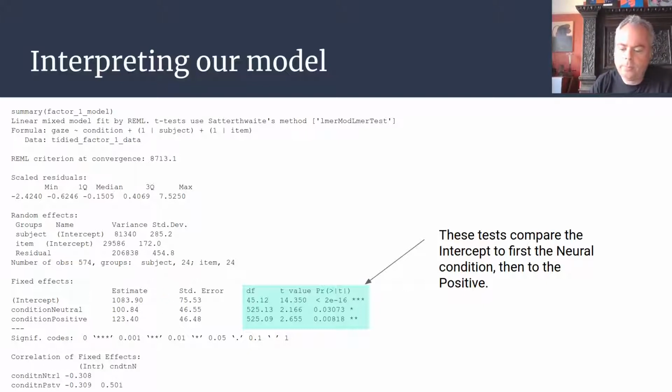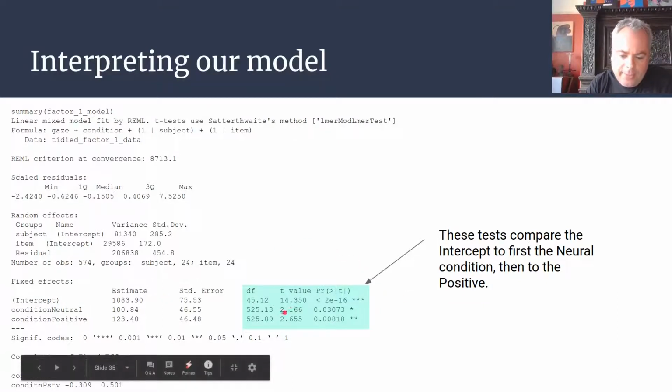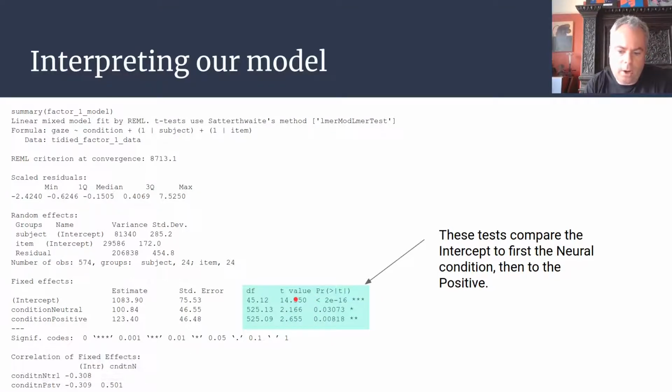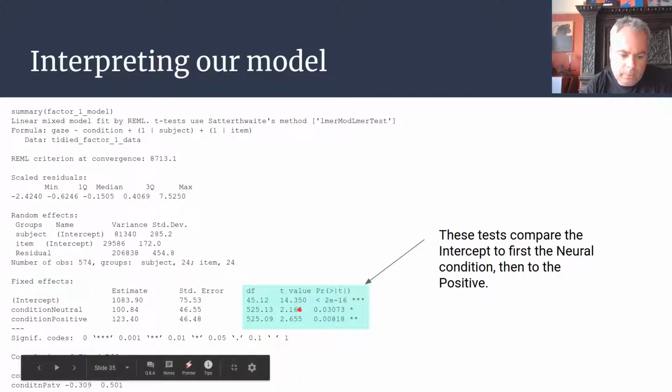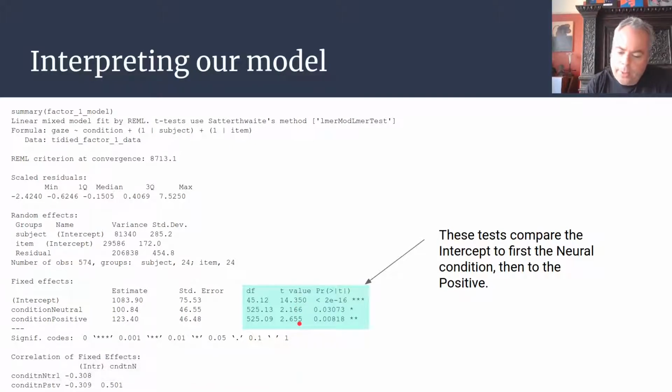So that's 1,200 or so. And the t-tests here compare the intercept to our neutral condition first of all, and then our positive condition. It's worth pointing out, this is because of the default dummy coding way in which R chooses a reference level of our factor against which to compare the other levels.